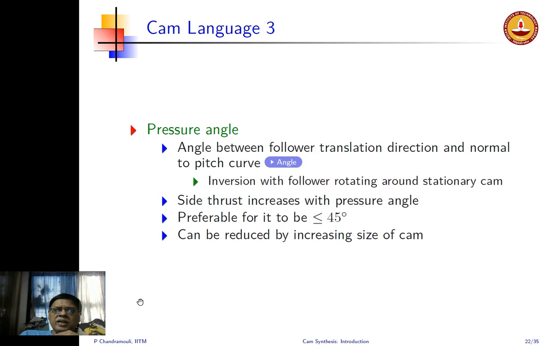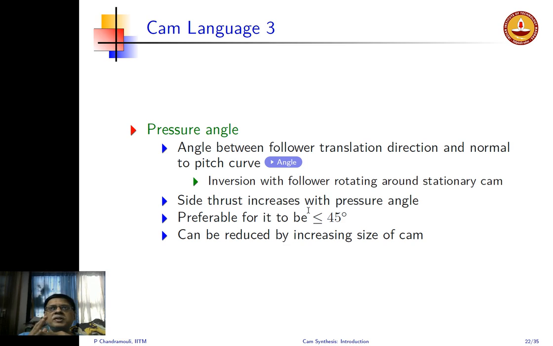Now, as I increase this angle theta, the sine component, the side thrust, increases, and the cos component reduces. Remember that the follower is going to move up and down in a bearing. So the side thrust is going to push it against the bearing, and if the force is too high, it can jam the follower against the bearing.